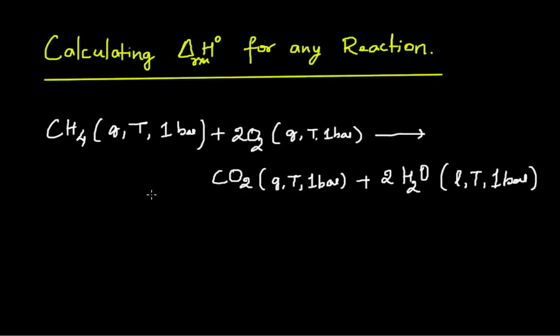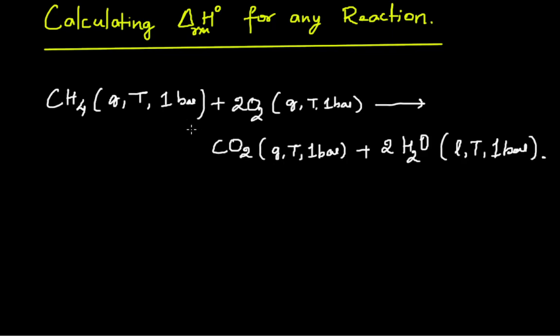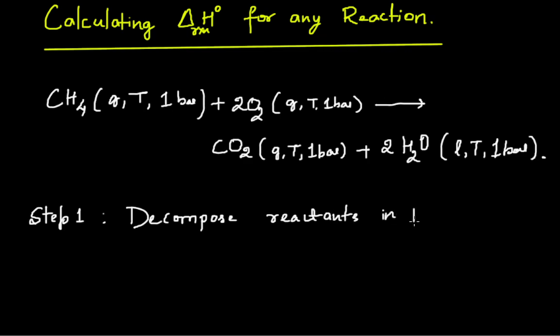Now, how do we calculate the delta H naught reaction for this? First, we decompose reactants into elements. Step 1: decompose reactants into their respective elements. Now, how do we form methane?